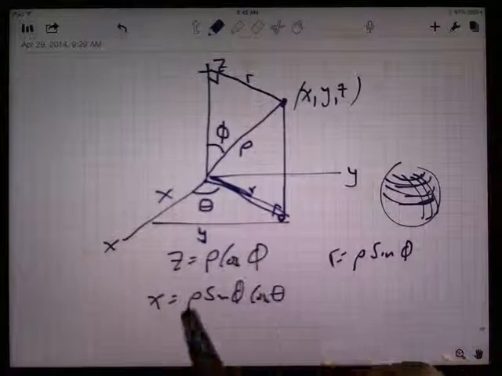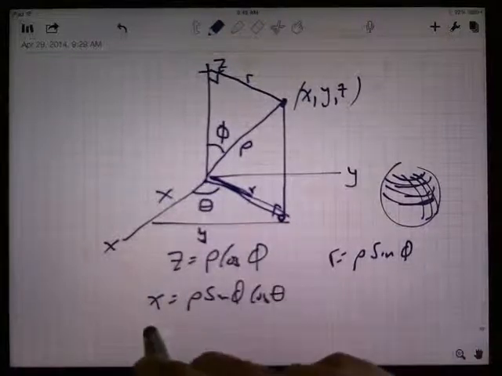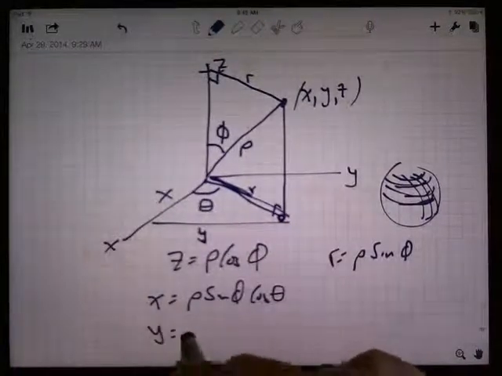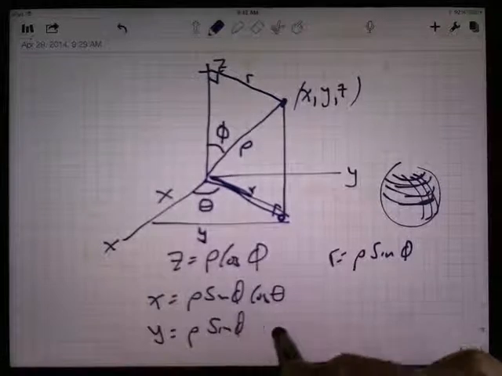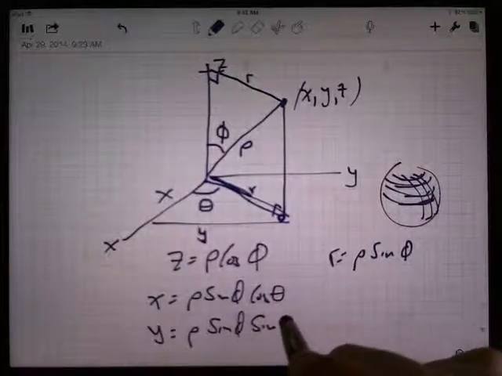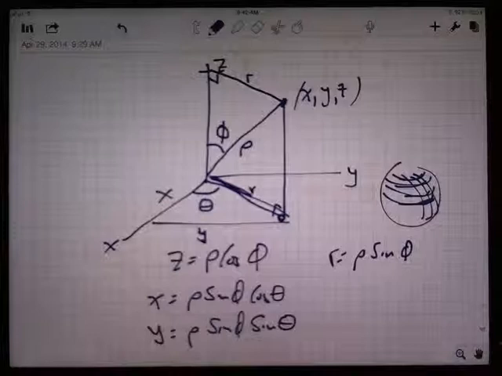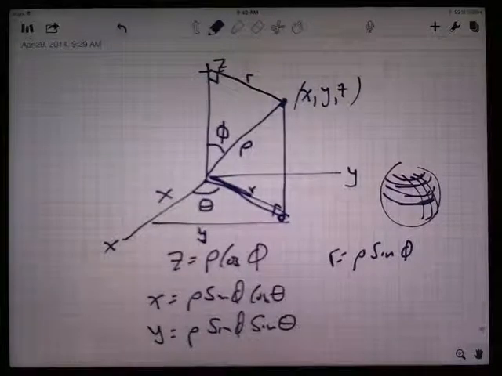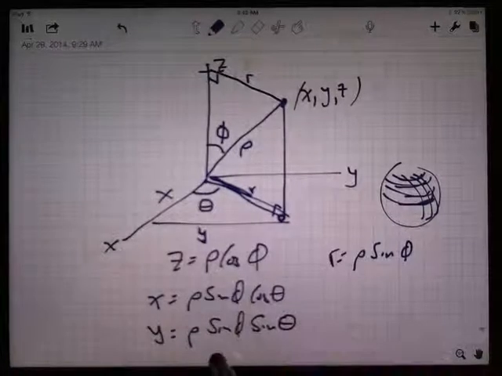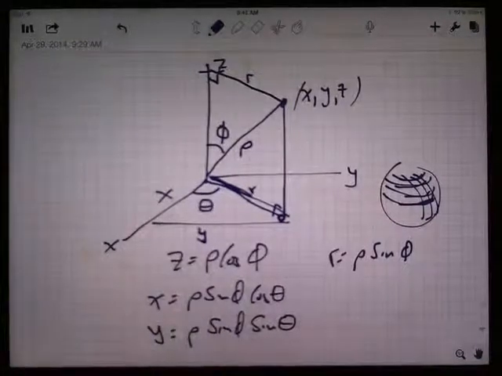And the y coordinate is r times the sine of theta, so the y coordinate is rho sine phi times the sine of theta. Okay. So those are the conversions. If you know rho, phi, and theta, you can calculate x, y, and z.